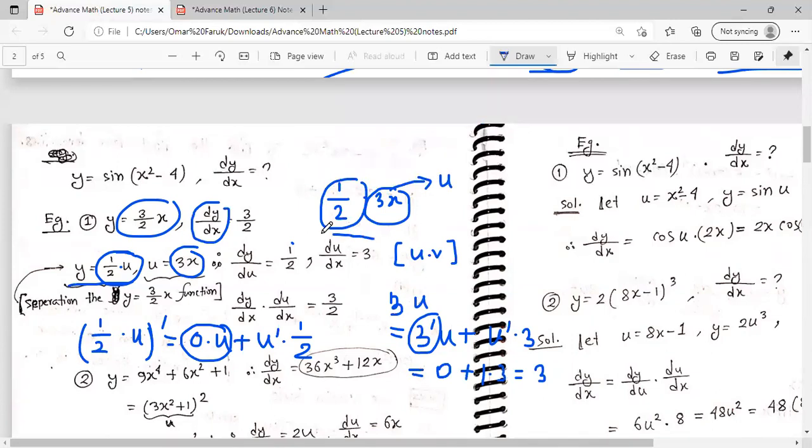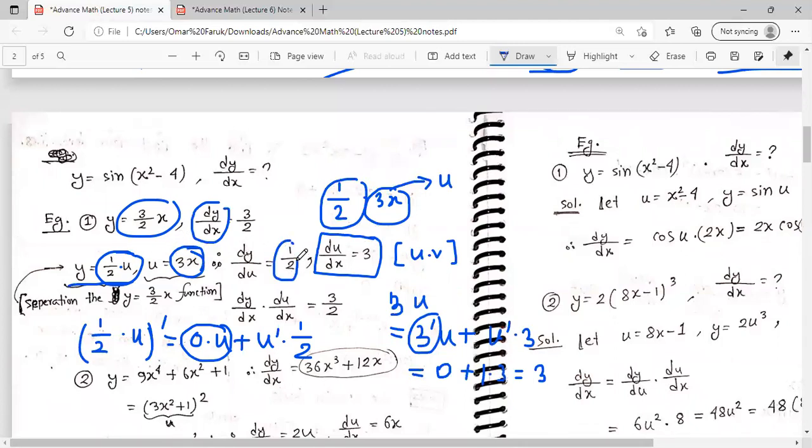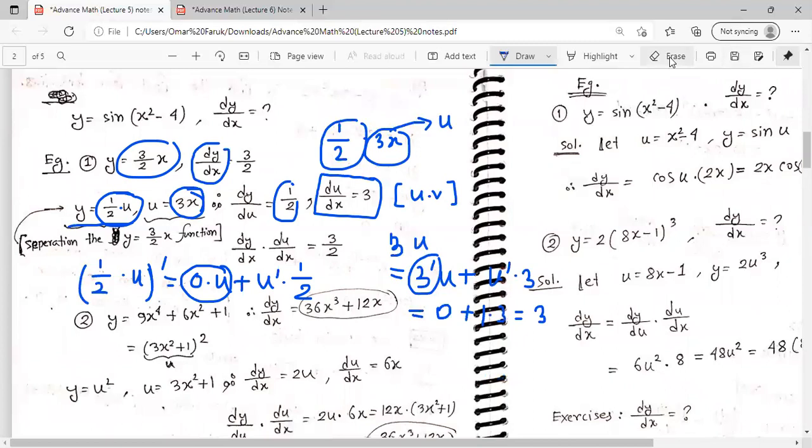So you can see here du by dx, the derivative of 3x, is equal to 3, and the derivative of half u will be only half.